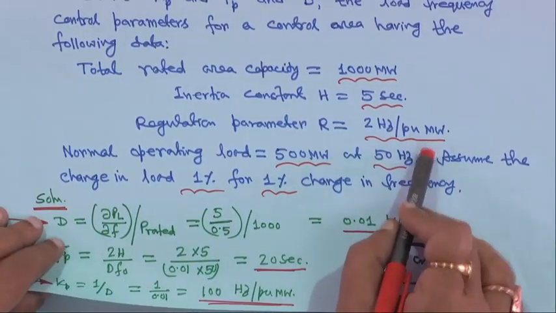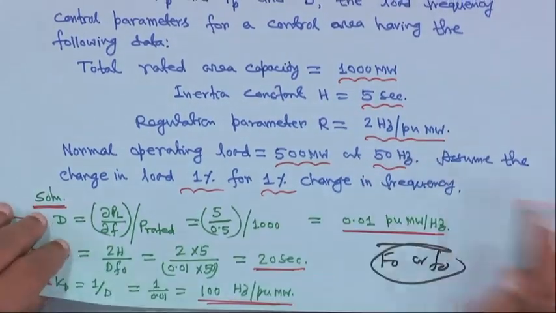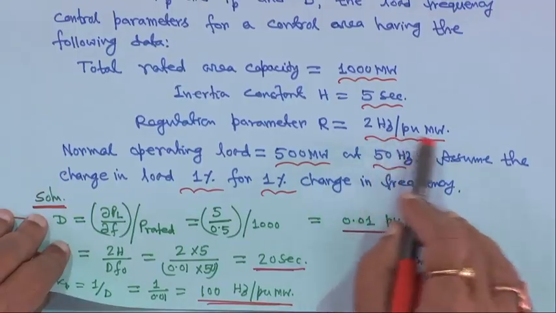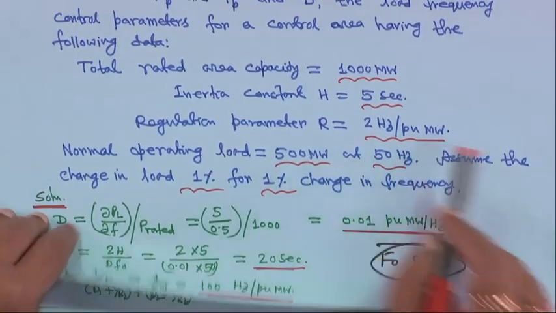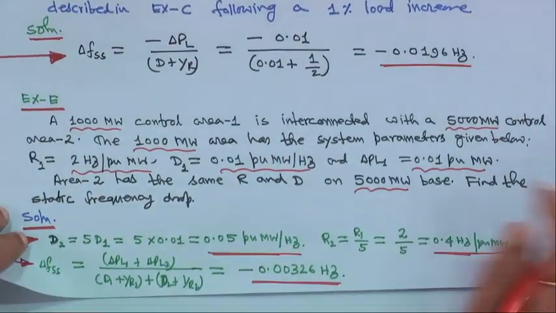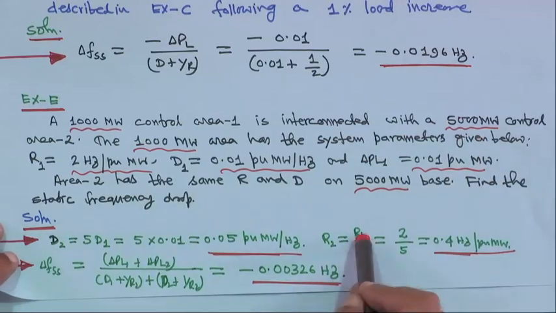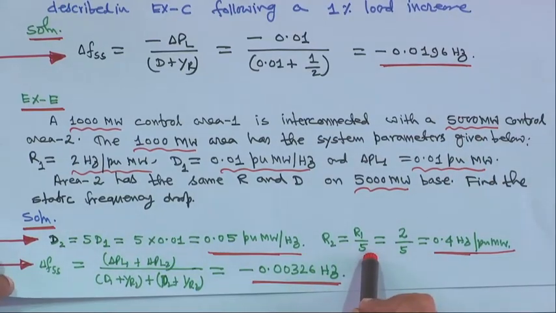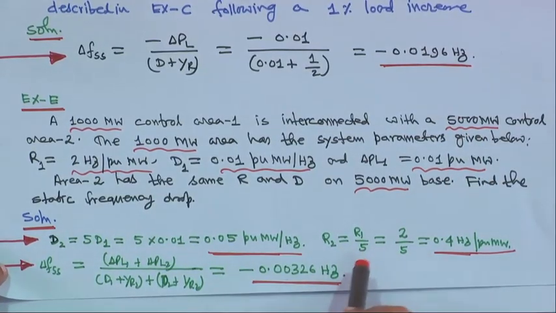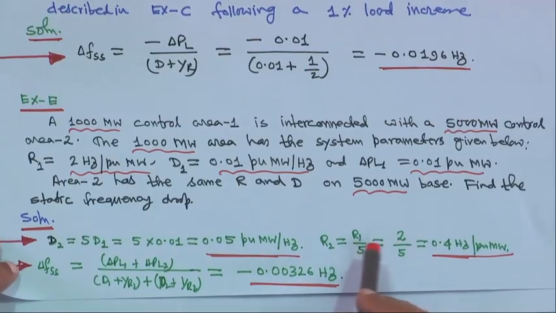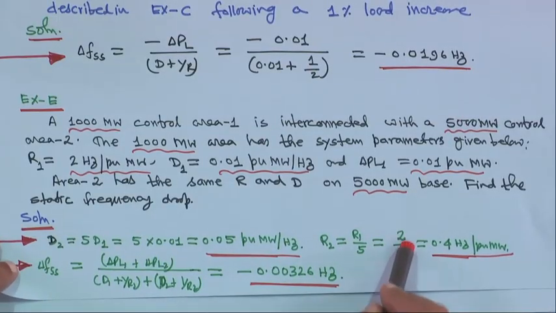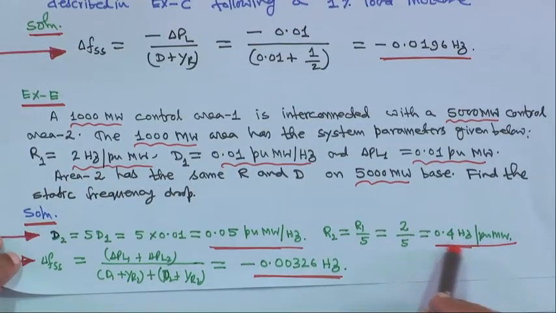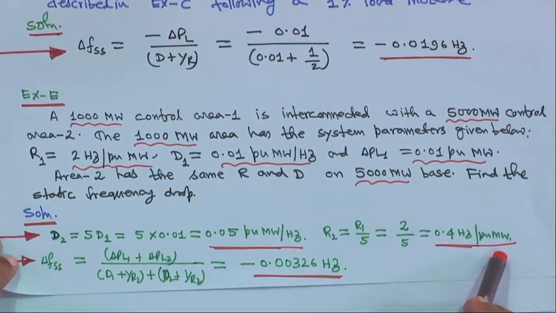If you don't convert it, it will be hertz per megawatt, otherwise hertz per unit megawatt, and it is 5 times more on this base. That's why R2 is divided by 5. Don't multiply, look at the dimension and then do it. So R1 is 2, and 2 by 5 is 0.4 hertz per unit megawatt, right?